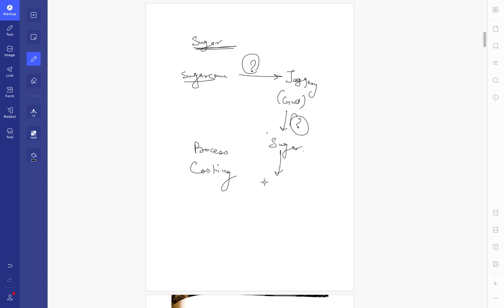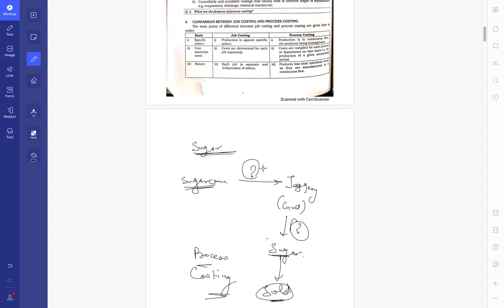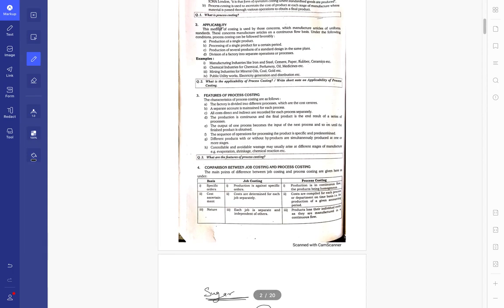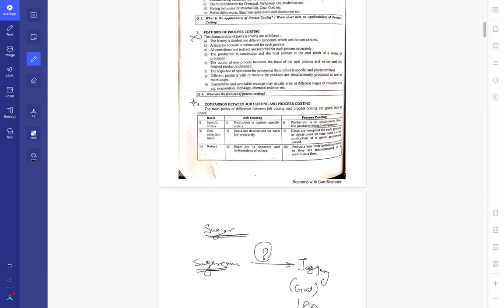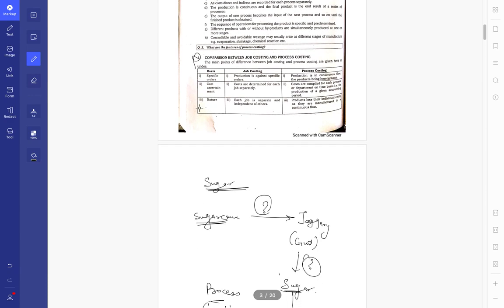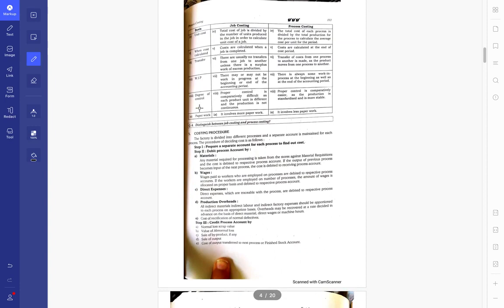And later on, this sugar is sold in the market. So starting from sugar cane to sugar and then its sales, all of the costings involved in between is called process costing. Now I'll not be taking up the applicability or the features of it because it's a practical subject and we need to focus mainly on the practical aspect of it.